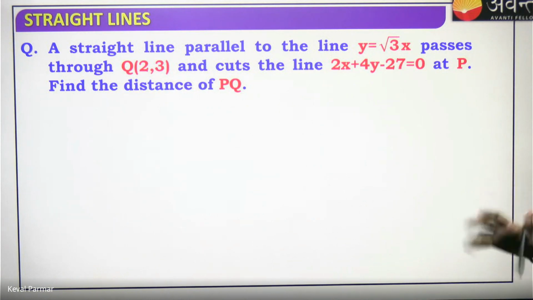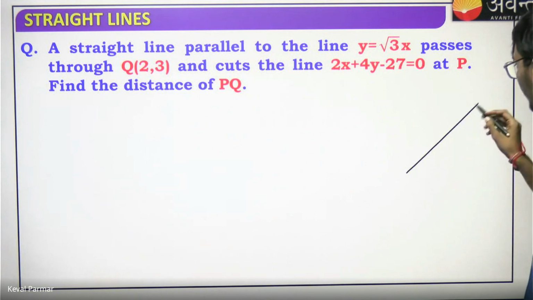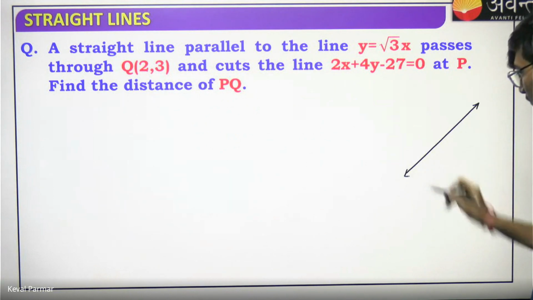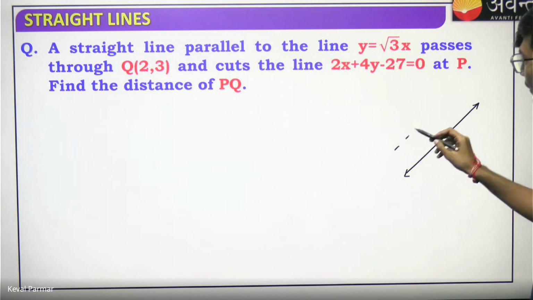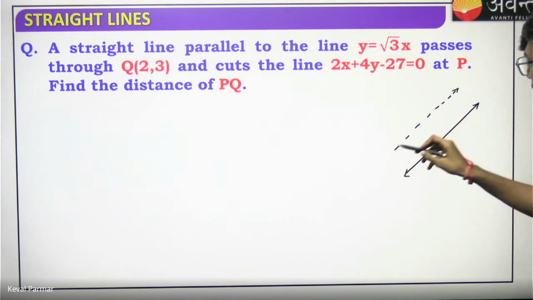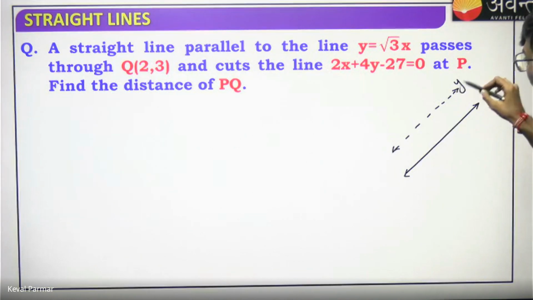So let us interpret. There is a straight line which is parallel to the line y equals root 3 x.